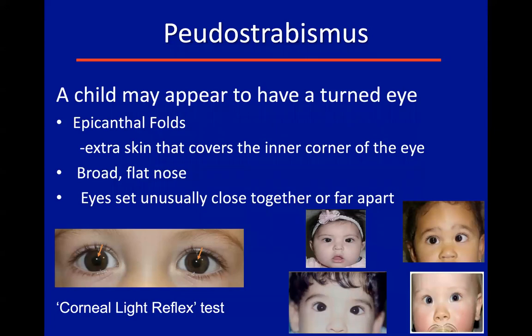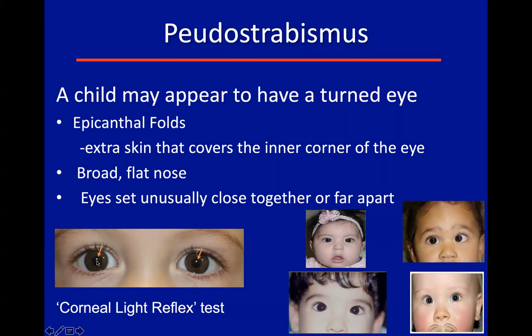So a child may appear to have a turned eye or a strabismus or a misalignment, and simply look at your corneal light reflex here. You can see it. This is smack in the middle, and this is smack in the middle of your pupil. So this is your corneal light reflex test. This is a normal one. It's in the middle of the pupils.